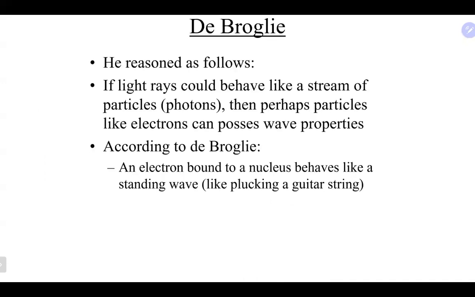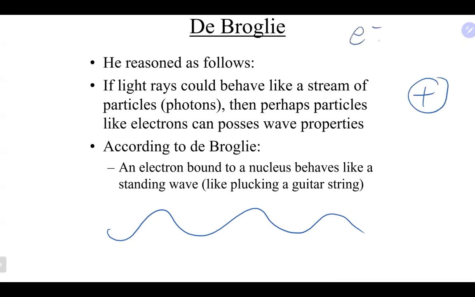It's like a guitar string. If you pluck a guitar string, you'll see the wave, but obviously it can't go anywhere because it's attached to the guitar. The string is not going to pop off. That's the idea here with a particle like our electron, where there is an attractive force between the electron, which is negatively charged, and the nucleus, which is positively charged.